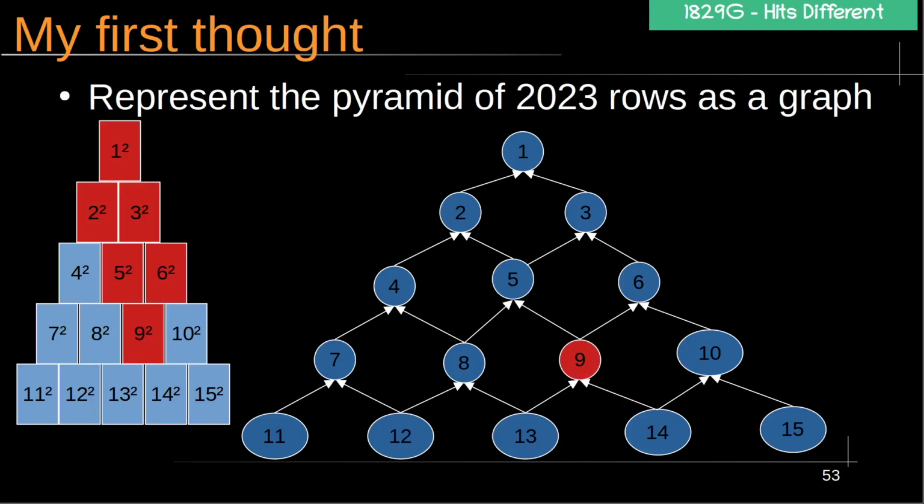From 9 in the graph, we can perform DFS. If we have this particular graph, we can perform DFS starting from 9. We go to 5, for example. From 5 we go to 2. From 2 we go to 1. 1 is a dead end. We backtrack to 2.